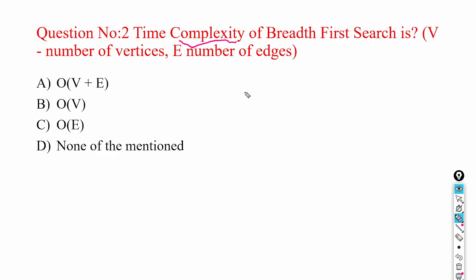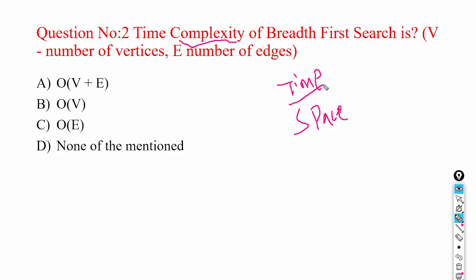There are two main types of complexity: time complexity and space complexity. Then what is the meaning of time complexity?